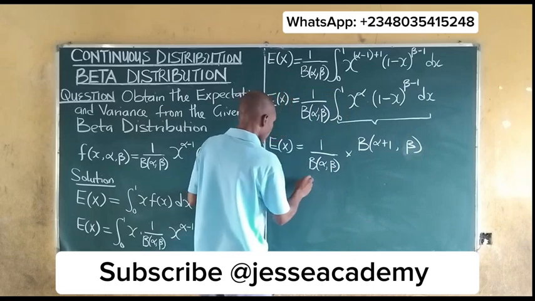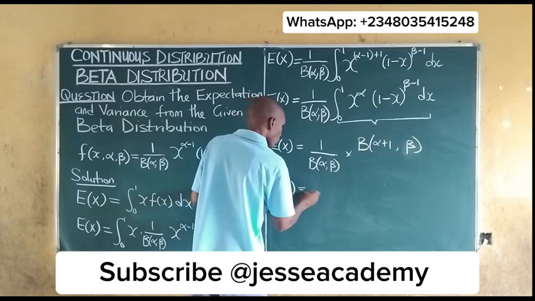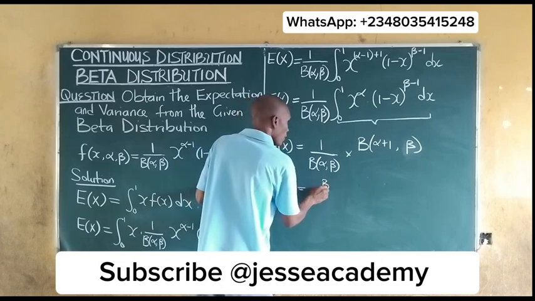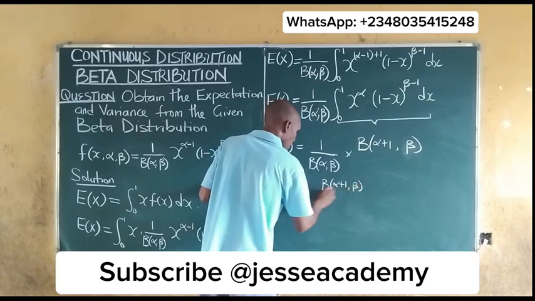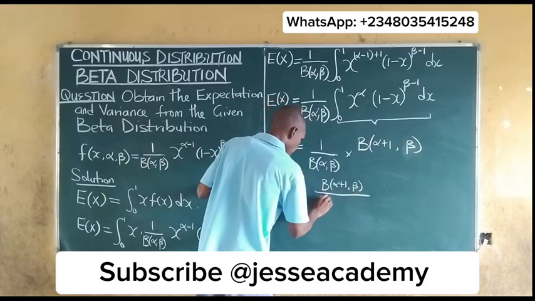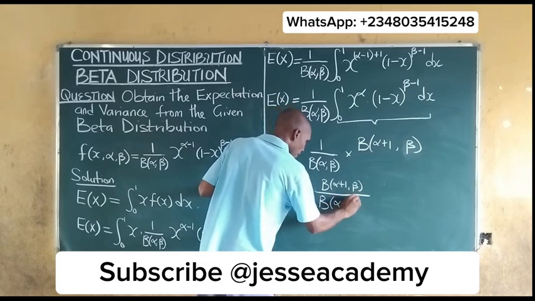So it then means that our expected value of x is equal to B(alpha plus 1, beta) over B(alpha, beta).